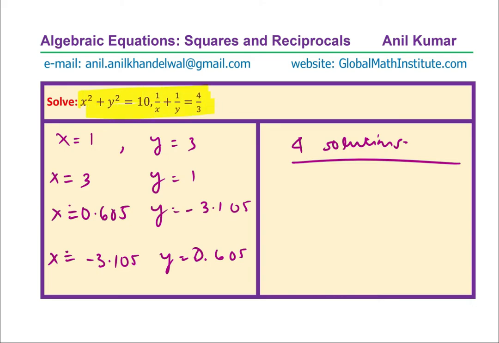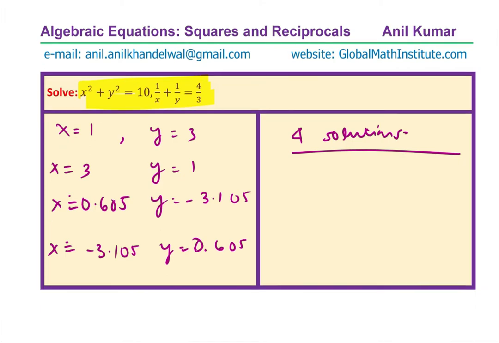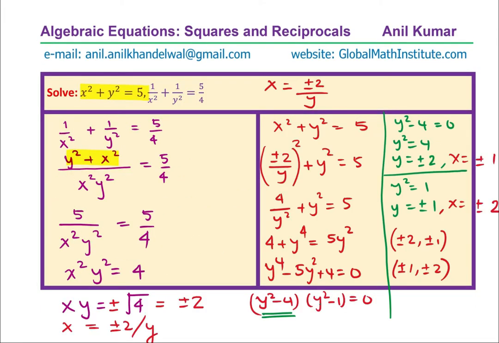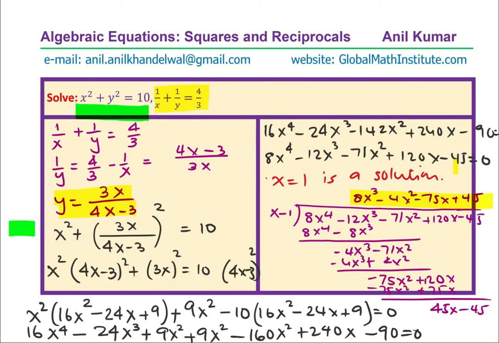Perfect. So I hope you understand and appreciate it. Let's go through the solution. So basically what we did was we isolated y, substituted the value of y into the original equation, got a quadratic equation which was further simplified or factored using the factor theorem.